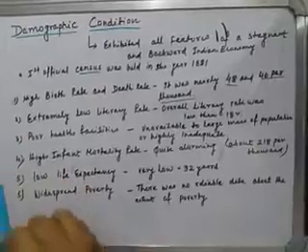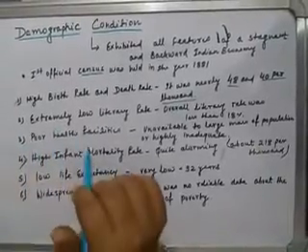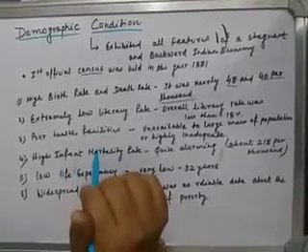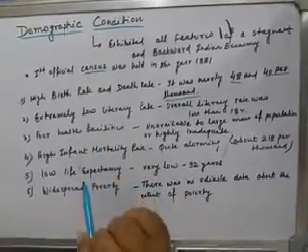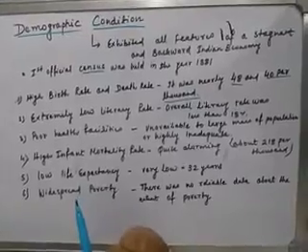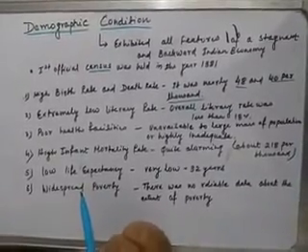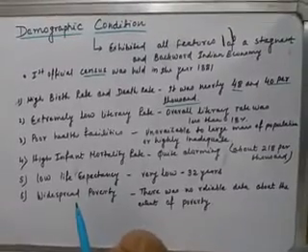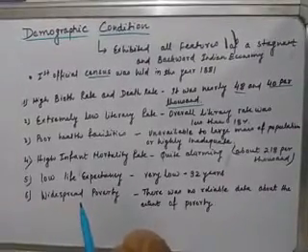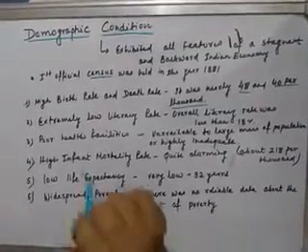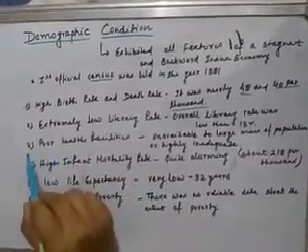Second point is extremely low literacy rate. The overall literacy rate of India was below 18%, and the female literacy rate was at a negligible low of about 7%, which is quite low. Next point is poor health facilities.